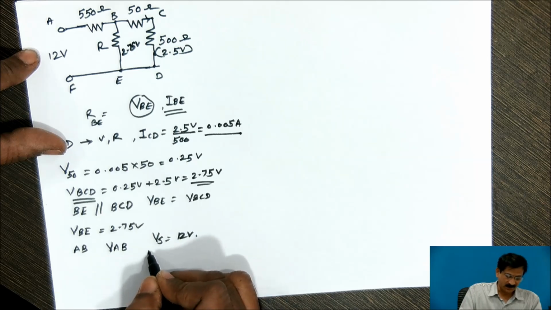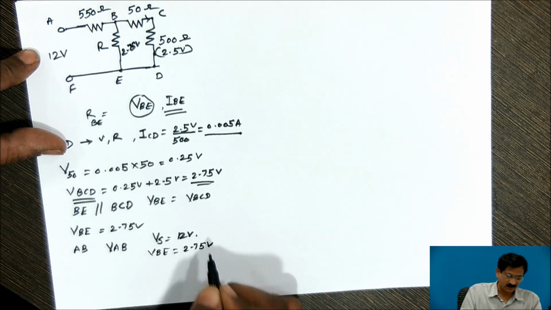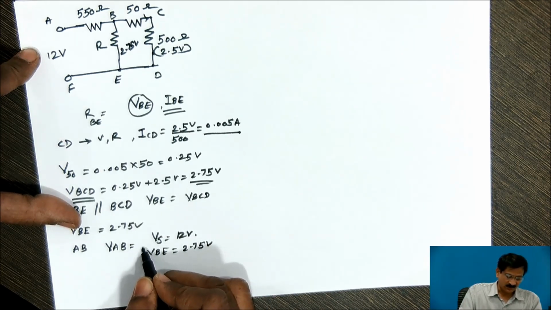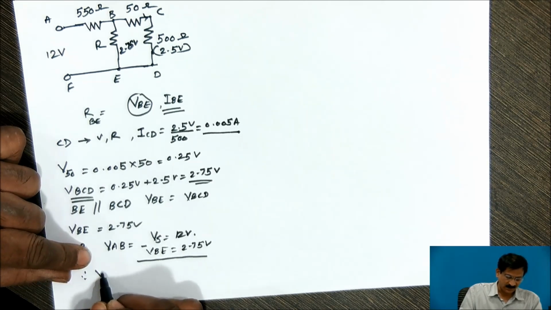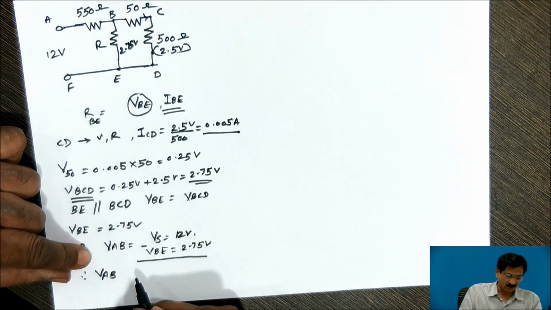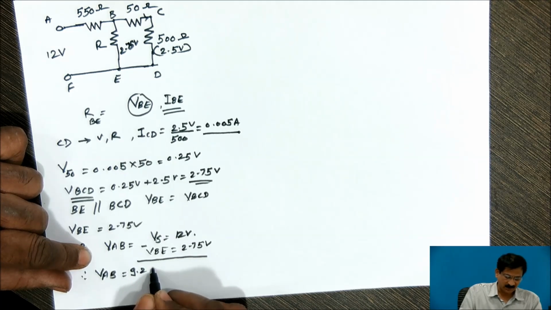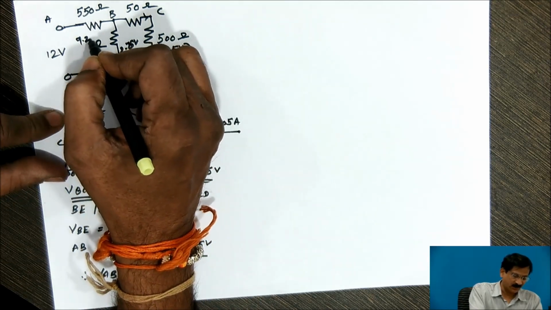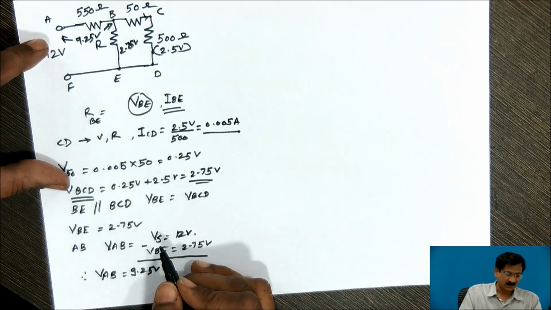The voltage drop across BE is 2.75 volts. So VAB will be equal to VS minus VBE. So VAB will be equal to 12 volts minus 2.75, comes out to be 9.25 volts. So I can write here 9.25 volts across VAB.